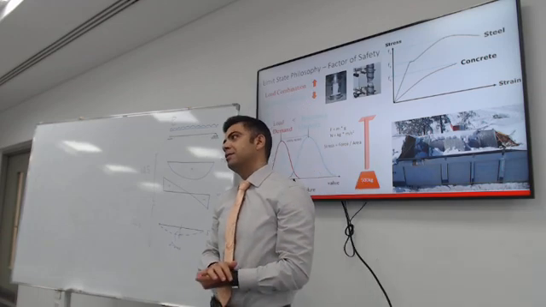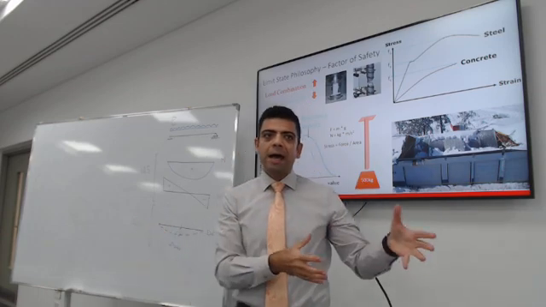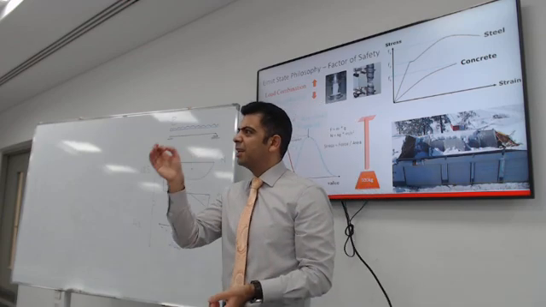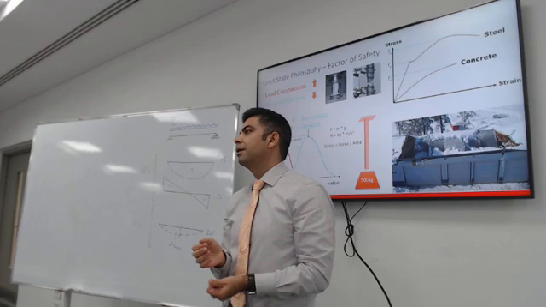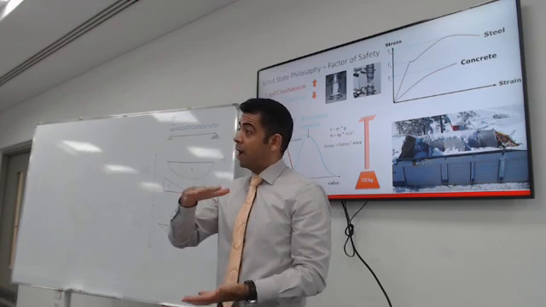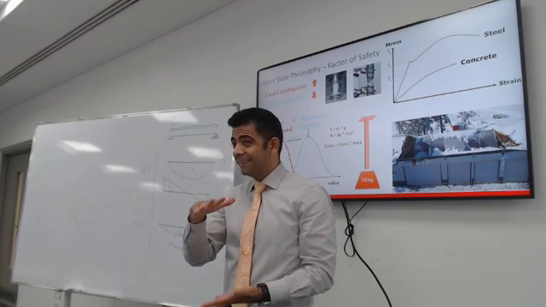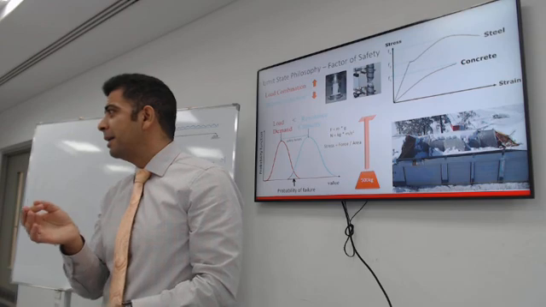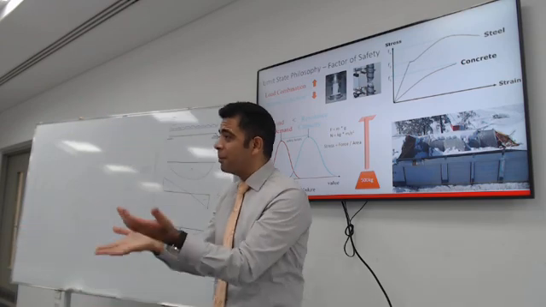What are the chances that you take a cube to the lab and you press the run button on the machine and it will give you exactly 35 MPa? Is there a chance that your cube will resist a little bit higher than 35? No? It will always be 35? Maybe. There is a probability.